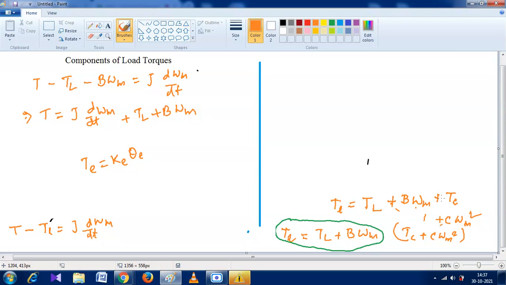By which term do we denote the viscous friction?